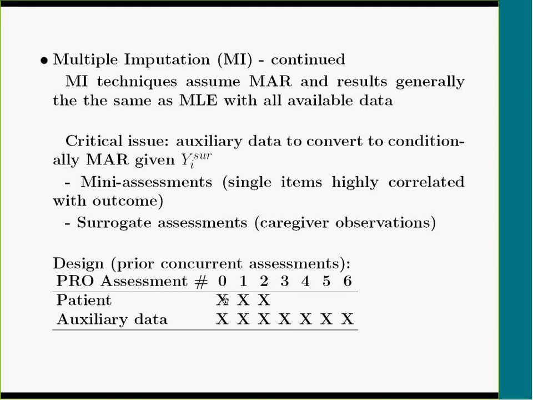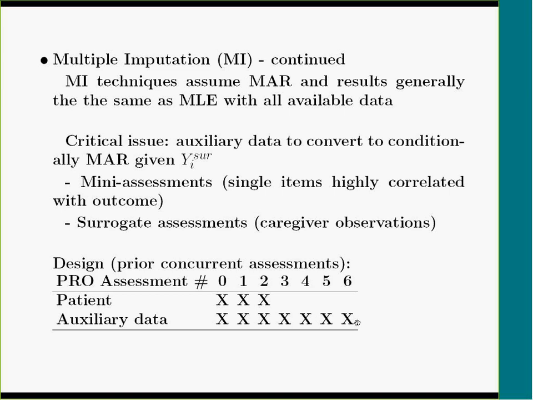What we do is we develop a model that models how the patient is associated with the caregiver information or whatever our ancillary information is, and use that model then to predict what would have been happening for the patient, conditional on what the caregiver or that surrogate data is telling us. So that's the principle underlying a good multiple imputation in this setting.